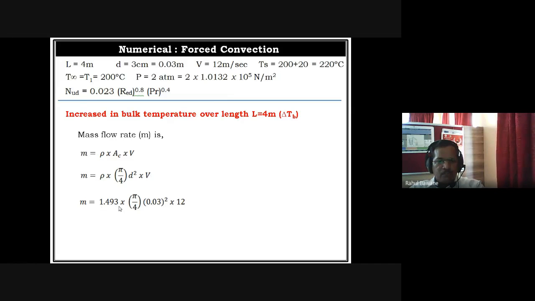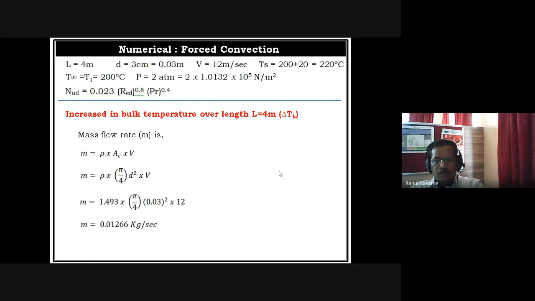Density we calculated, diameter we know, velocity is given, 12. From this the mass flow rate is 0.01266 kg per second. As it is a flow rate, definitely there will be per second, time is there. Many times mass is simply denoted by m; for mass flow rate, m dot, with a dot on top of m. So m dot, the mass flow rate, is 0.01266 kg per second.